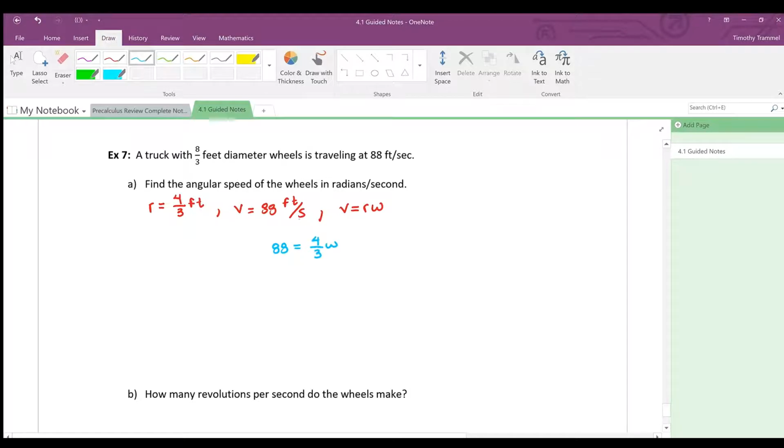And to solve this equation, we want to multiply both sides by 3/4. Right, if you do 4/3 times 3/4, that's just 1. And this over here, this is going to give us 66. So we get omega is equal to 66 radians per second.